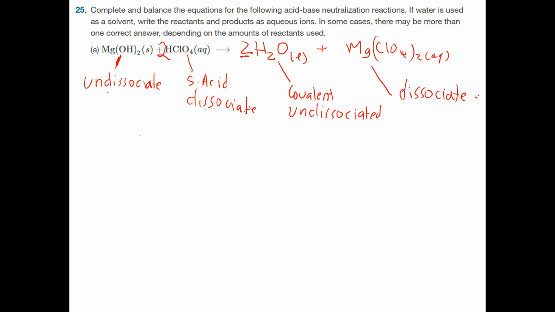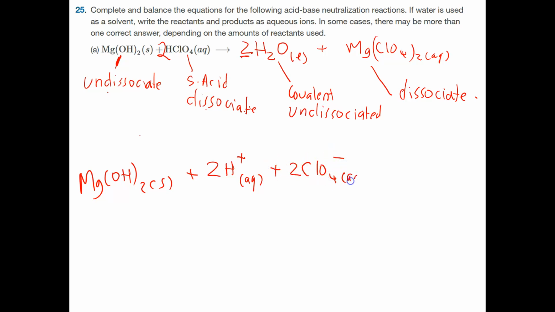So there we are. Mg(OH)2 solid plus, and then now we're going to separate this guy out into its ions: 2 hydrogen ions and 2 perchlorate anions. Then we have 2 waters.